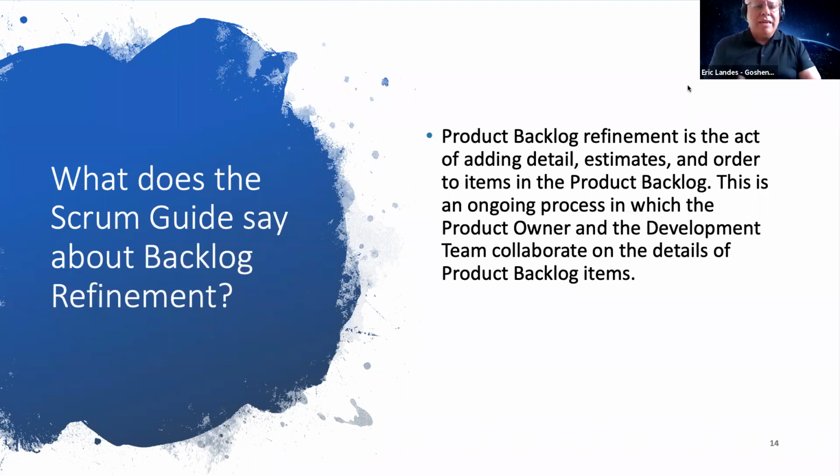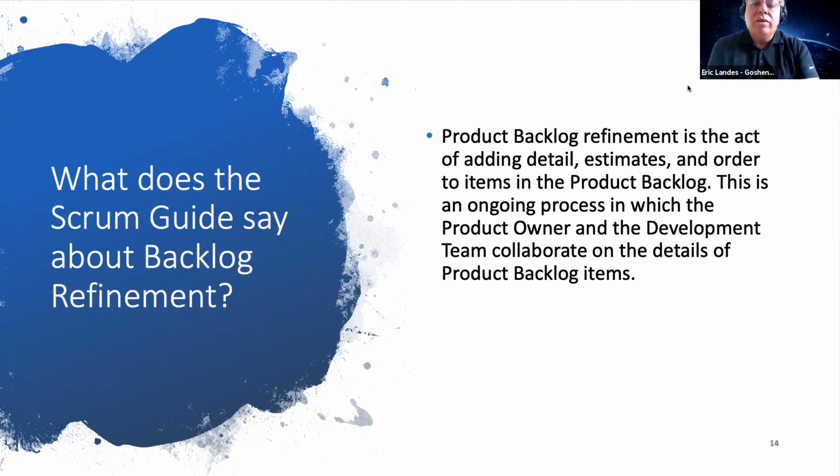A lot of times when we're teaching classes, we talk to people about when we first add an idea to the product backlog, it's kind of this big thing that we're not exactly sure how we're going to get done. And as you get closer to actually working on that thing, it should become a much smaller and more concrete representation of work, an idea of work.